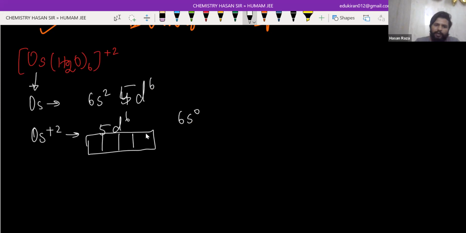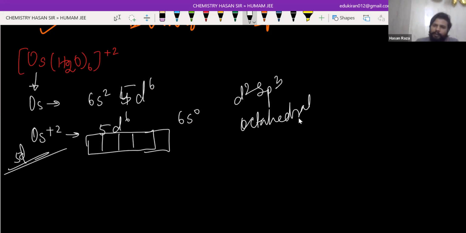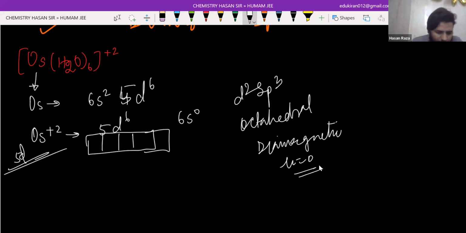Again, you have to do the same thing. And again, this is your 5d series. So pairing will take place, and hence the hybridization will be d2sp3, and hence it will be octahedral. There will be no unpaired electron, so it becomes diamagnetic, and then mu will be equal to 0. Is that clear, Humam? Yes, sir.